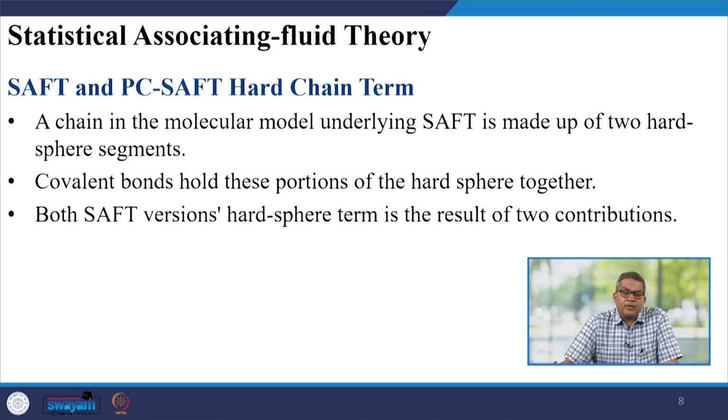Now, for the hard chain term in SAFT and PC-SAFT, the chain in the molecular model underlying the SAFT is made up of hard sphere segments. The covalent bond holds these hard sphere portions together, and in both SAFT versions the hard chain term is the result of two contributions.